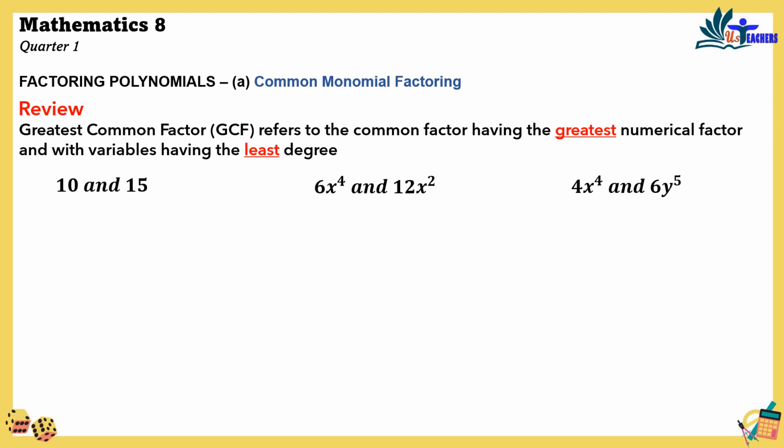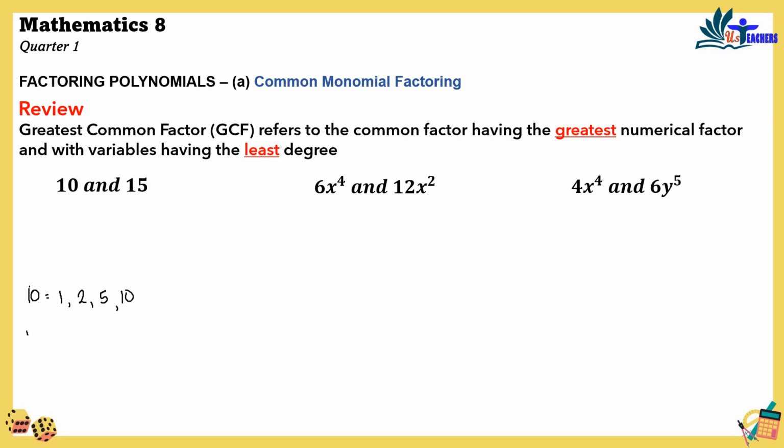So, try natin dito sa unang example. So, we have 10 and 15. So, ano nga ba yung GCF ng 10 and 15? So, basically, ang paggawa po nun, hinahanap po natin yung factors ng 10. So, ano nga ba yung factors ng 10? We have 1, 2, 5, and 10.